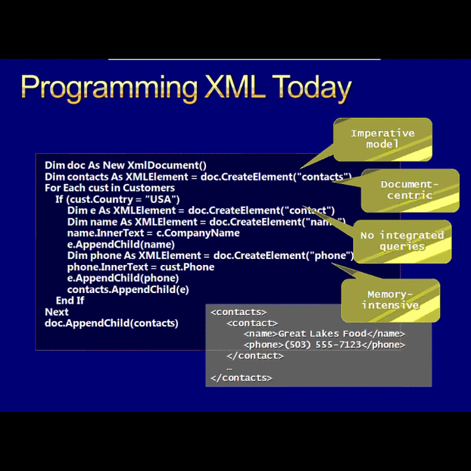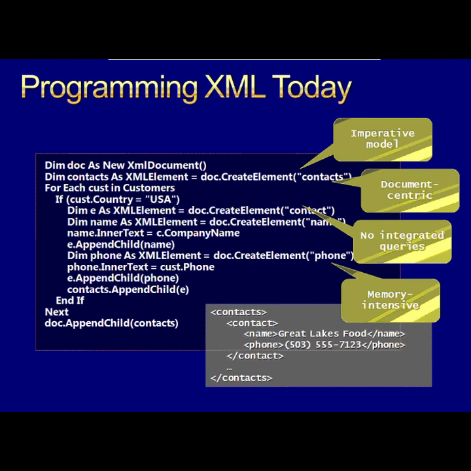Programming XML today, well, before Visual Basic 9, let's put it that way, we would use the XML DOM, the document object model, in order to create XML documents. The problem with the XML DOM is that it's an imperative model, and it's very document-centric.